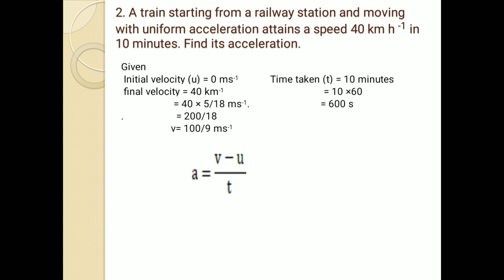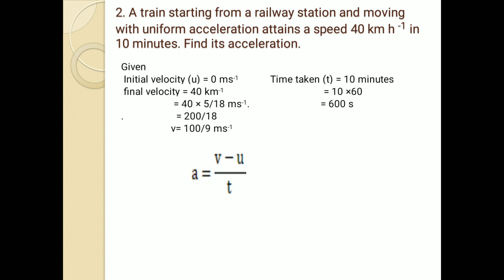Further if you simplify with the 2 table, 2 nines are 18 and 2 hundreds are 200. So final velocity is 100 divided by 9 meter per second. Okay, we'll keep as it is. Anyhow we have to substitute in the formula, no? So V is equal to 100 divided by 9 meter per second.